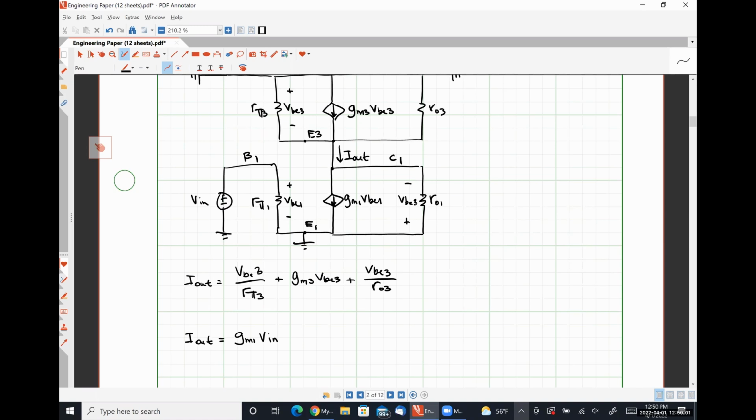Are we okay with that? Yeah. Negative polarity terminal is tied to the negative polarity terminal, positive polarity terminal is tied to the ground. So let's see what goes on with that. So that would be minus VBE3 over R naught 1, I think.